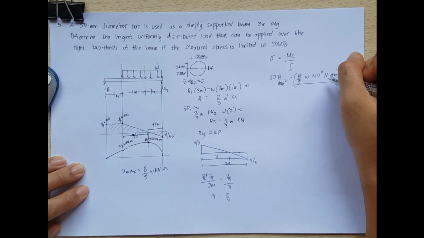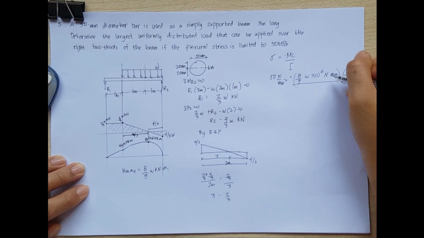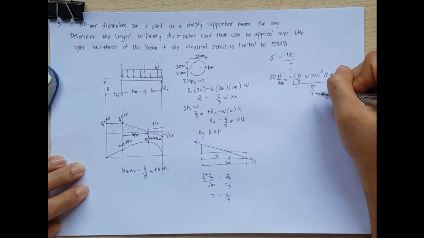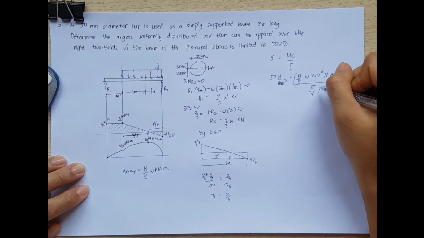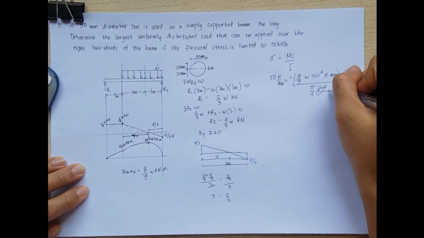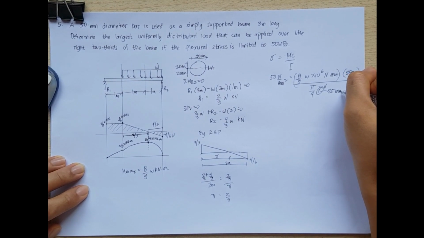All over, yung moment of inertia ng circle is equal to pi all over 4 of R raised to 4. In which yung R natin is equal to 25 millimeters.